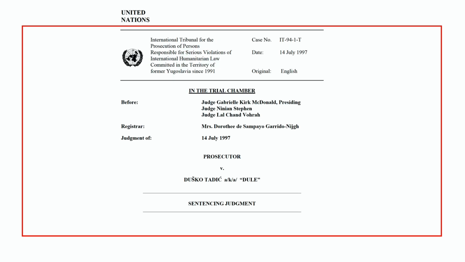The accused Duško Tadić was a Bosnian Serb. He was indicted on counts of crimes within the jurisdiction of the International Tribunal for his actions in the Prijedor region and detention camps. On the 7th of May 1997, he was found guilty of crimes against humanity and of violations of the laws or customs of war.